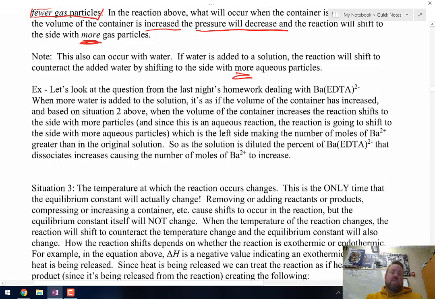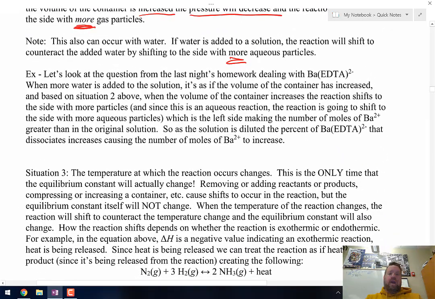Let's look at one of the questions we saw yesterday, okay, dealing with the Ba-EDTA. When more water is added to the solution, it's as if the volume of the container has increased, which really it has. The amount of volume that the aqueous particles can move around in is bigger. And based on situation 2 above, when the volume of the container increases, the reaction shifts to the side with more particles.